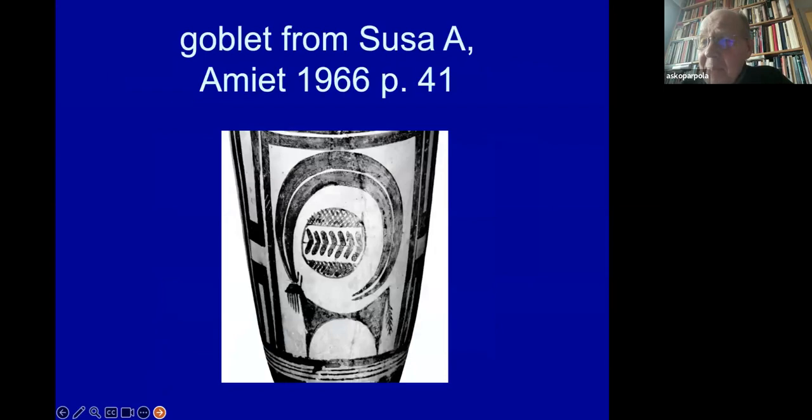The general shape of this and many other signs calls to mind how animals were represented in very early Iranian art, as in this painting on a goblet from Susa A.